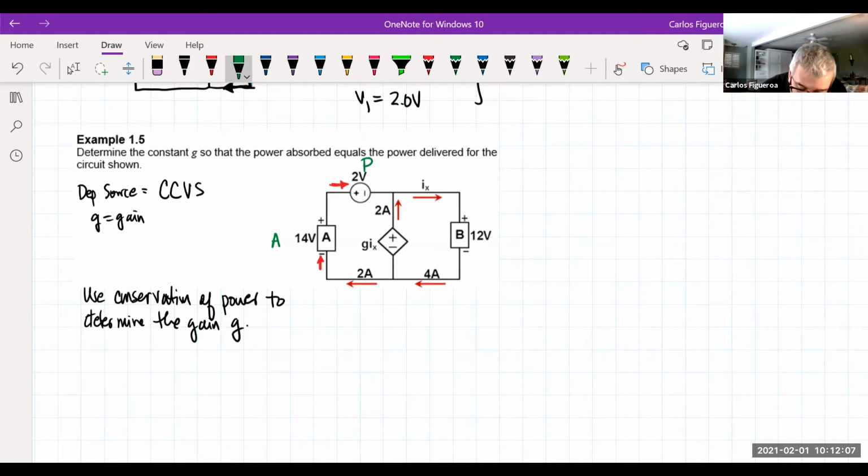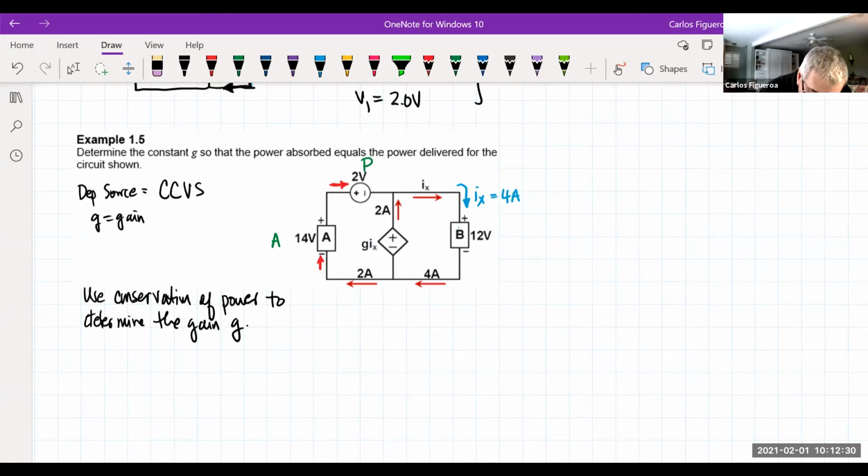And if I look at this current IX, note that IX is also in the flow of the 4A. So the current flowing in this branch, which is IX, and 4A are exactly the same.